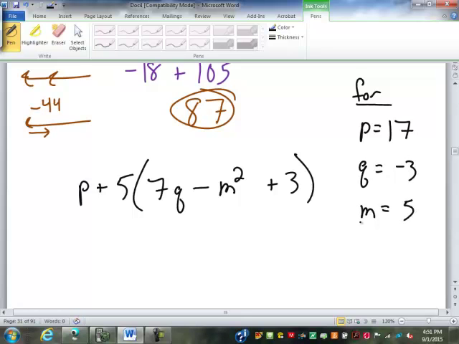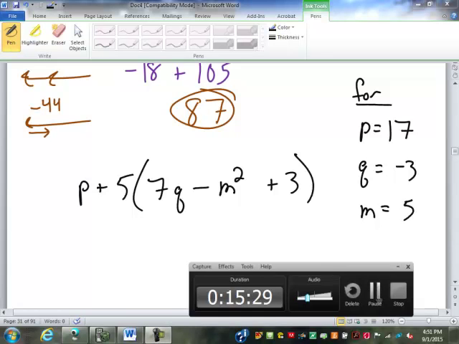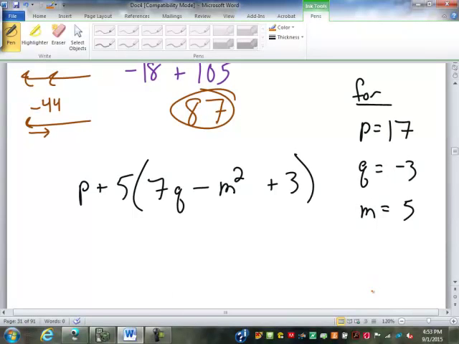So try that one quick. Let's start by putting the numbers in. What's this going to become? 17 plus 5 times 7 times -3 minus 5 squared plus 3. Okay.